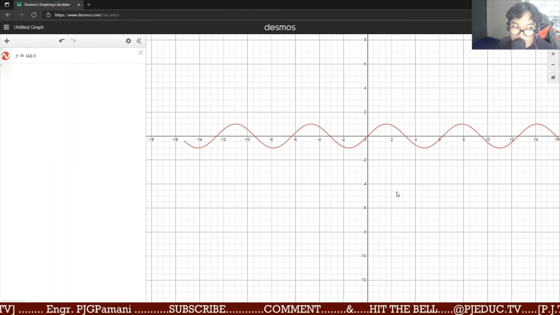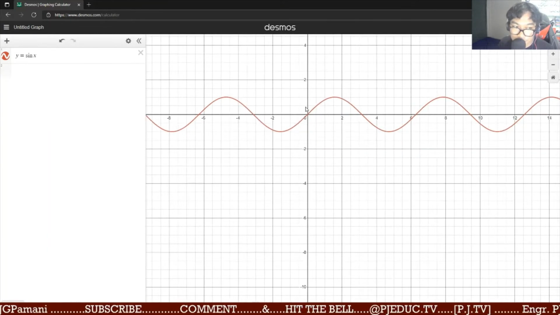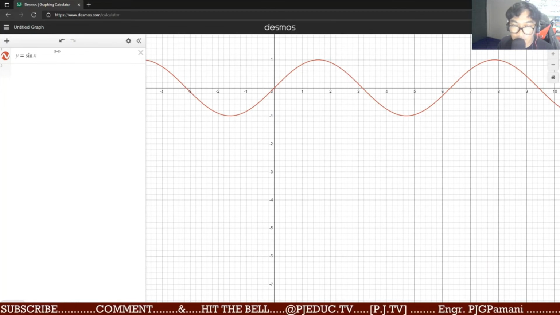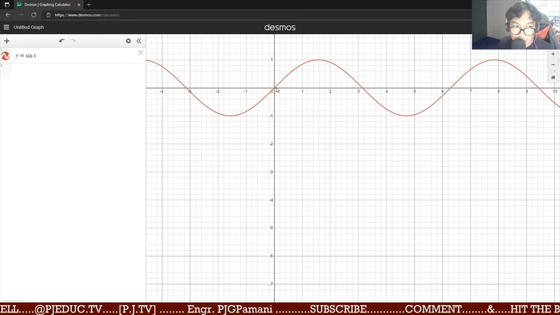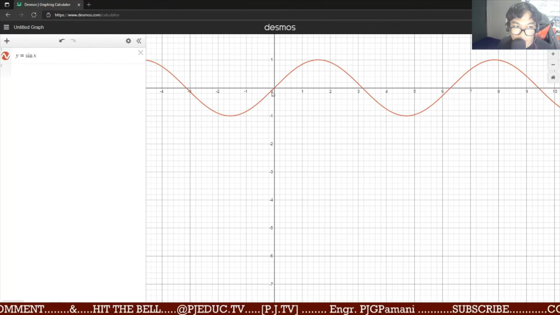So simply that is your sine curve. One oscillation of sine is simply equal to 2 pi. That 2 pi, from 0 to 2 pi, meaning that is one oscillation or one frequency or wave.